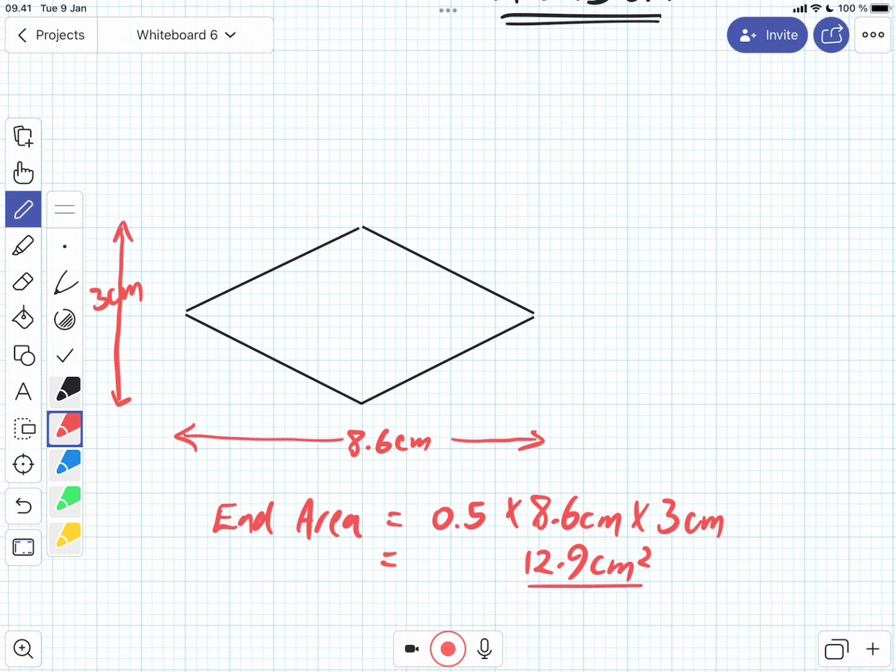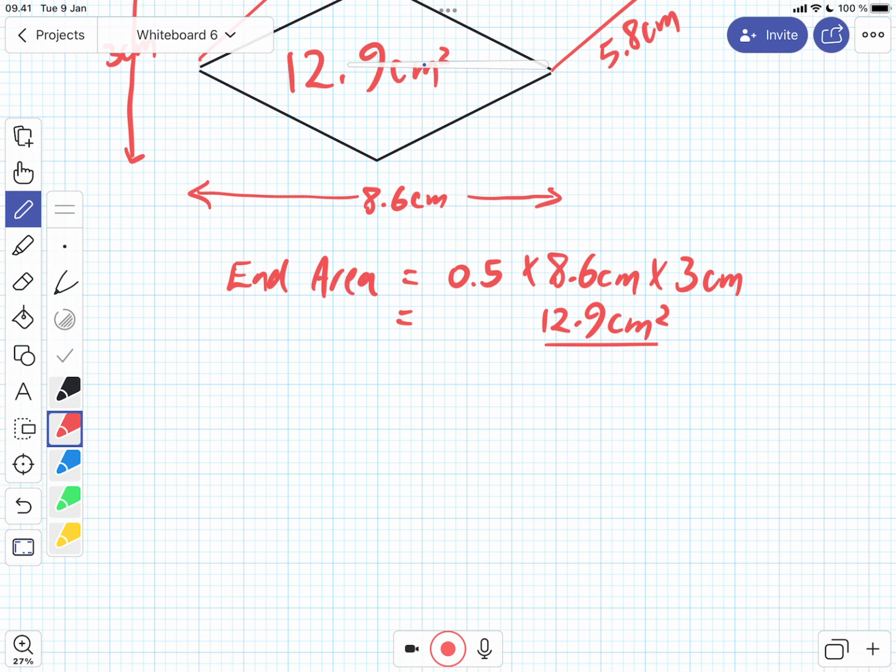And then the volume of the whole thing is just going to be that 12.9 centimeters squared multiplied by the length of the prism, which was, let's just check on MyiMaths. So the volume is 12.9 times 5.8. Let's just write that down.